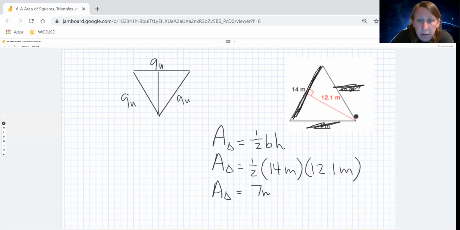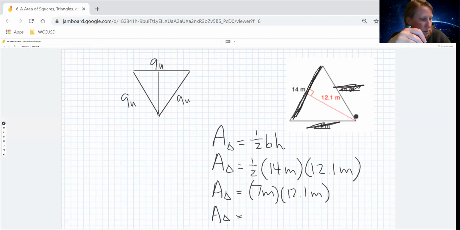So this is 7 meters times 12.1 meters. Okay, I'm going to use my calculator. 7 times 12.1 is 84.7. 84.7 meters times meters gets you meters squared. It's a very large triangle.